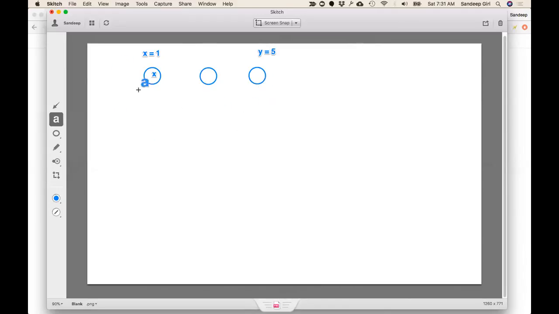This is our input, and let's say there is one layer in between, which we call hidden layer 1. And this is our output layer.